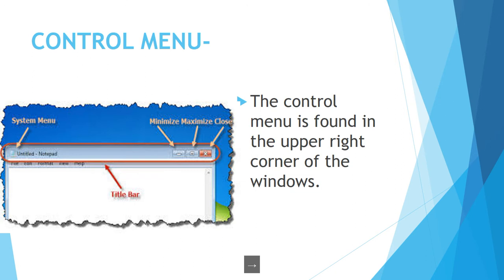Okay, next is control menu. The control menu is found in the upper right corner of the window. It has 3 buttons. The buttons are used to maximize, minimize or close the window.